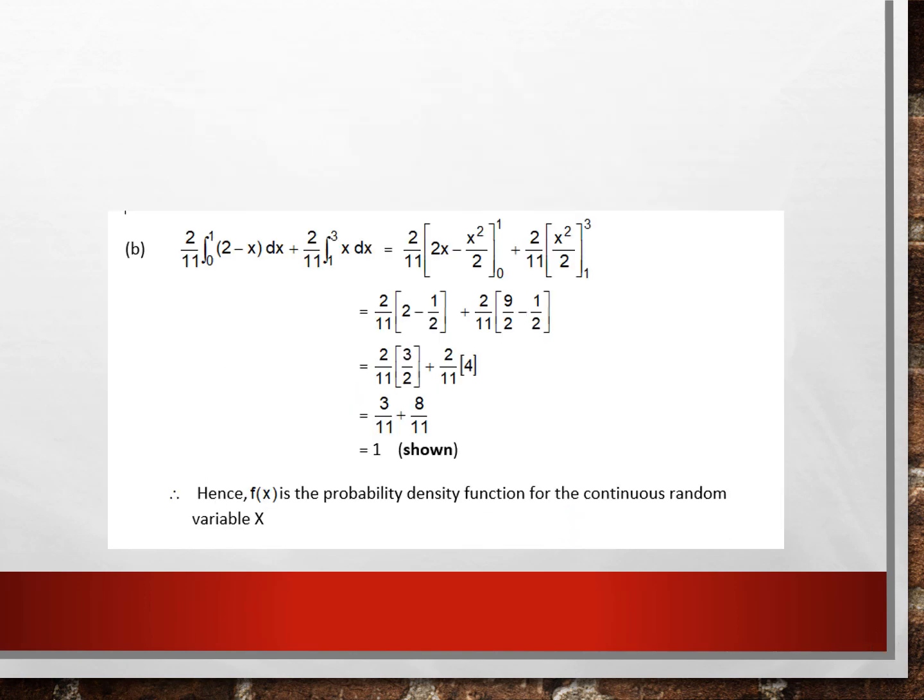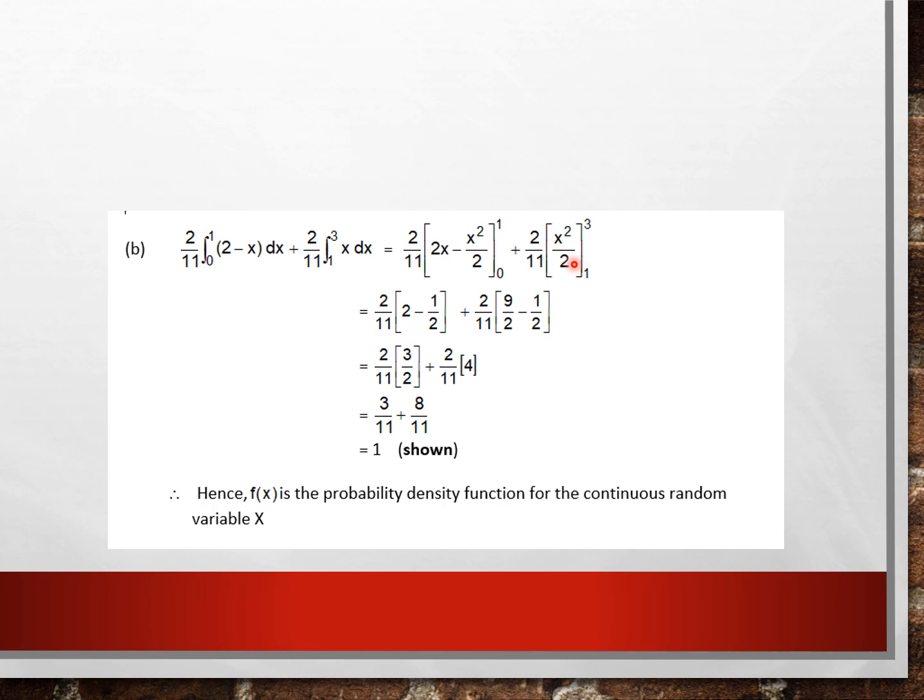For the second question, you need to show whether this is a probability density function for a continuous random variable. So what you need to do, you have to integrate both functions. From 0 to 1, you have this function. From 1 to 3, you have this function. And you integrate as usual. So you will have 2x minus x squared over 2, and substitute 0 to 1.